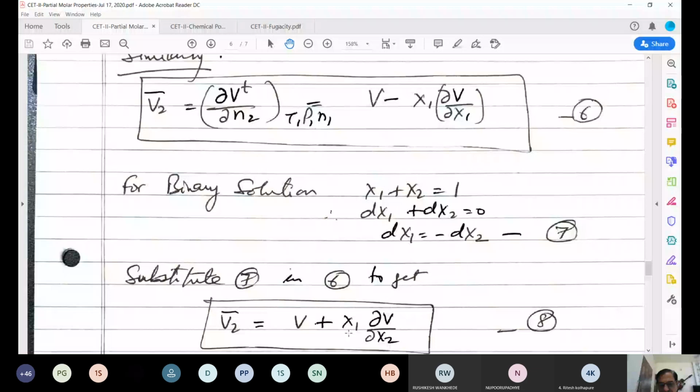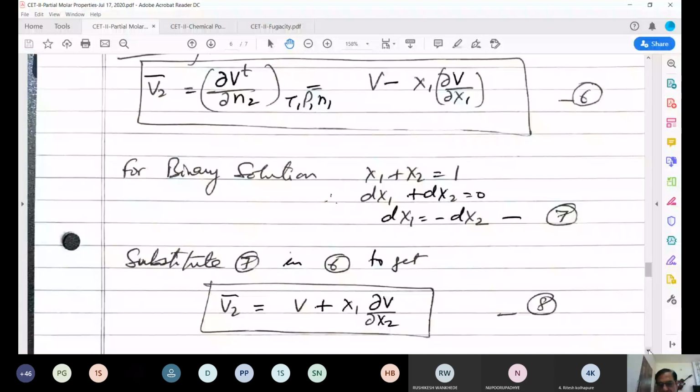Because we have plotted x2 on the x-axis, we want V2 bar in terms of x2, not x1. That's why we converted this equation to equation 8. Any questions, doubts on equation 8? No doubts, no questions?